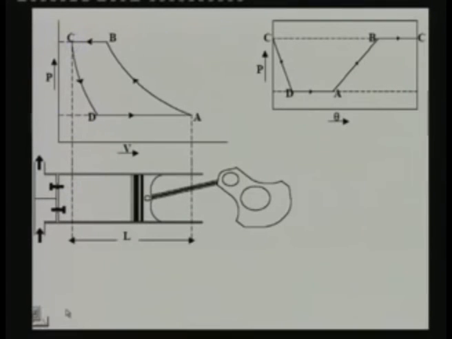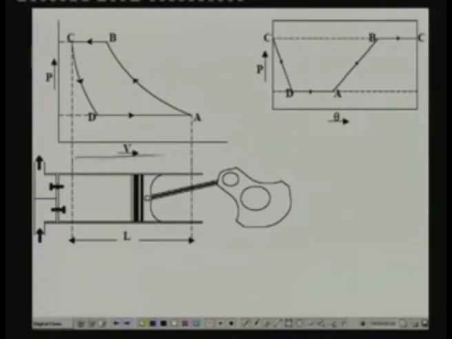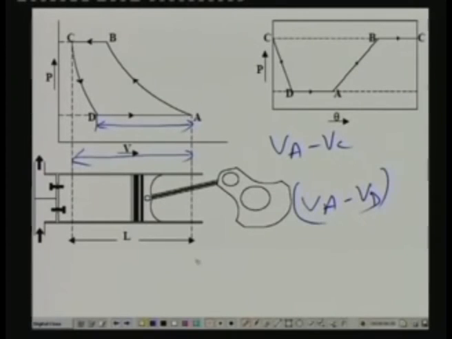So what is the net effect of this? Va minus Vc is the piston displacement, but the actual volume of refrigerant that has entered the cylinder is Va minus Vd. You can see from this figure that Va minus Vd is less than Va minus Vc.